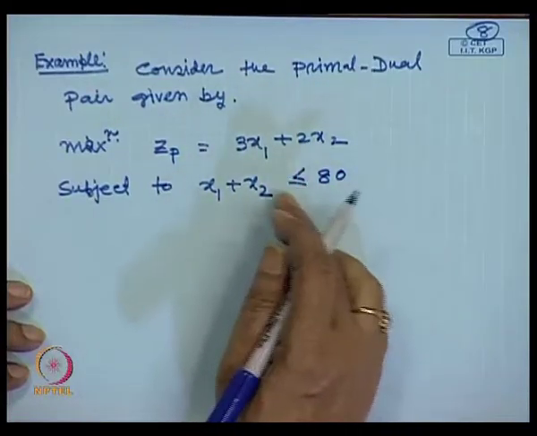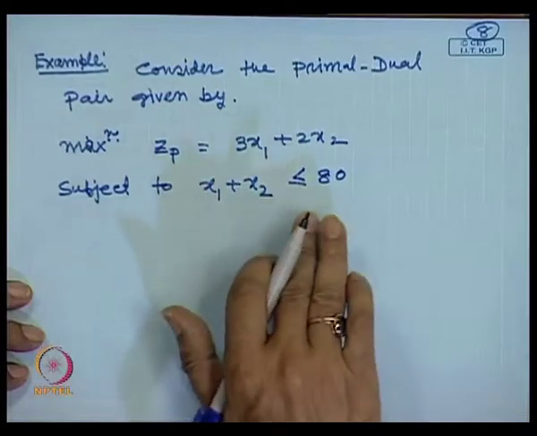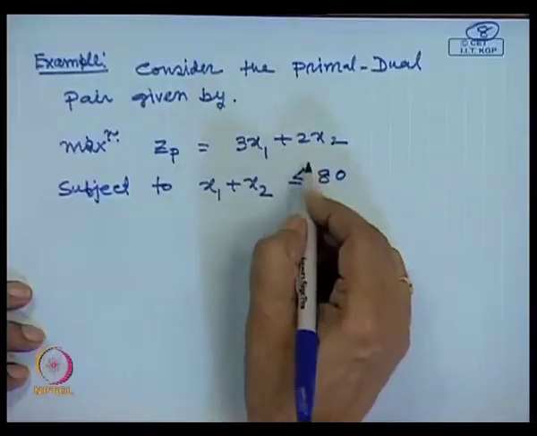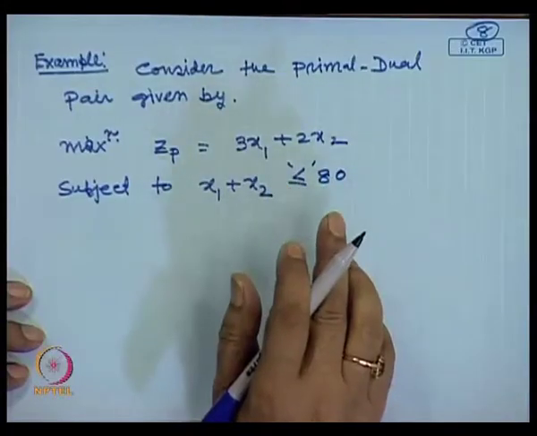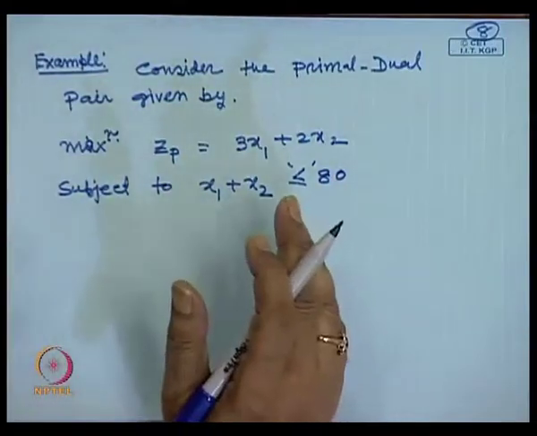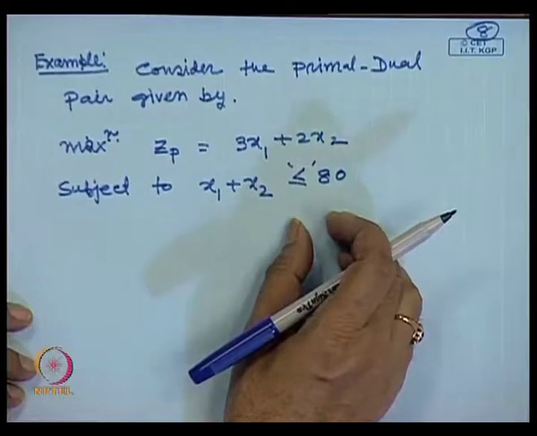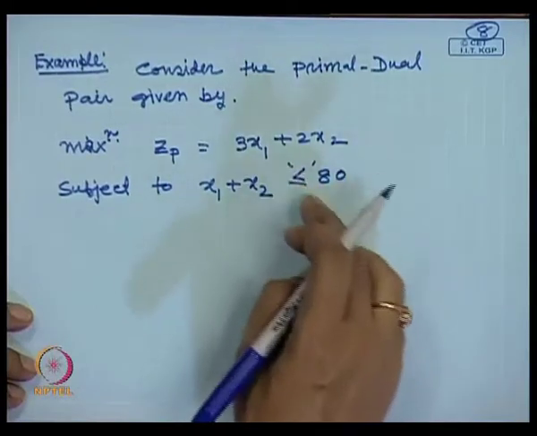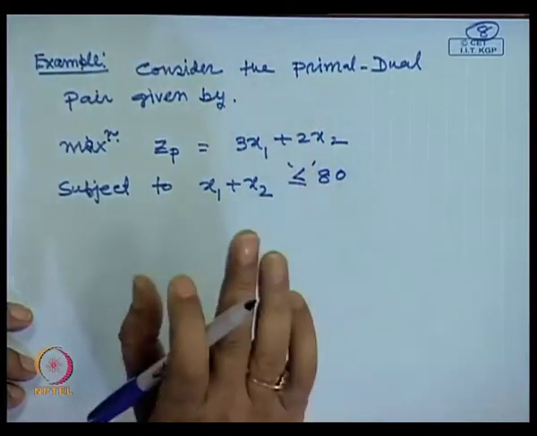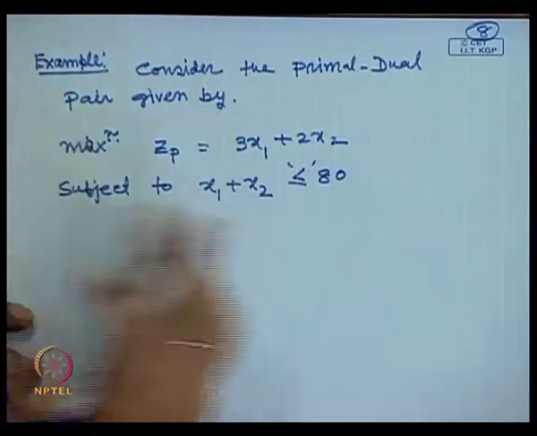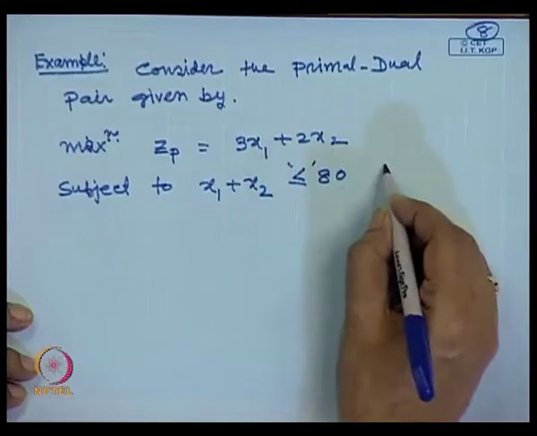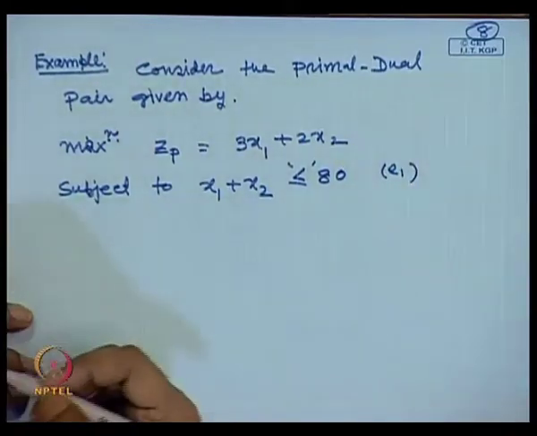If you do not have this type, you have to convert it into this type, less than or equal to, by some manipulations. Even if you have an equality sign, then you have to convert it into this form, which we have already discussed in detail earlier. This part we have written is E 1, if you recollect.